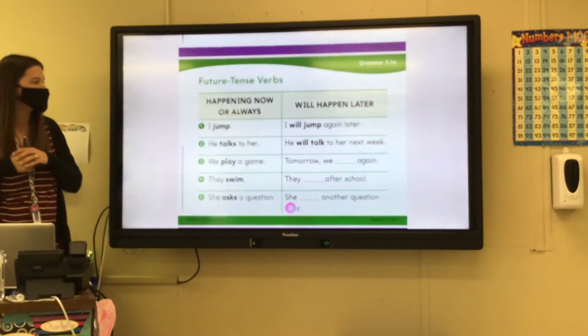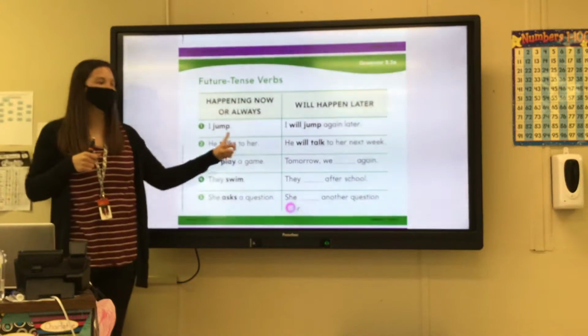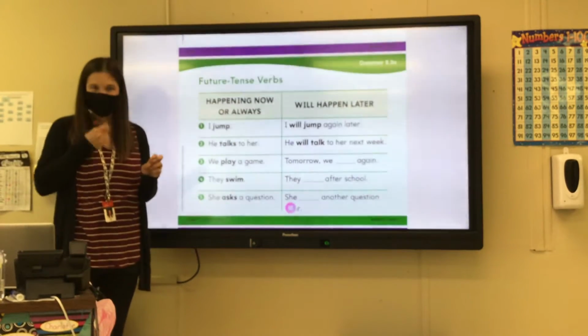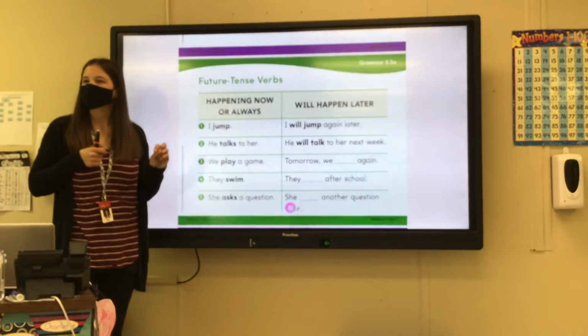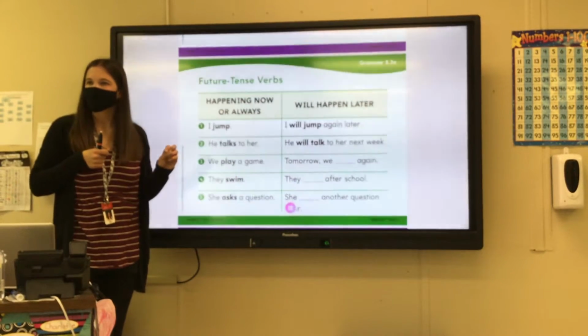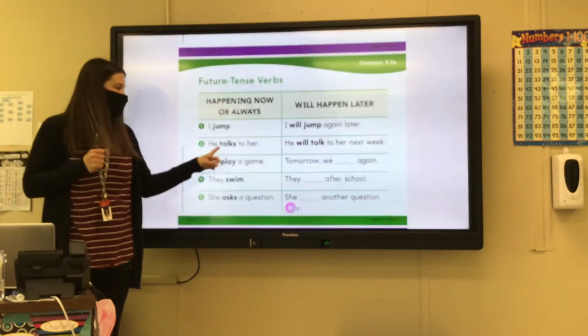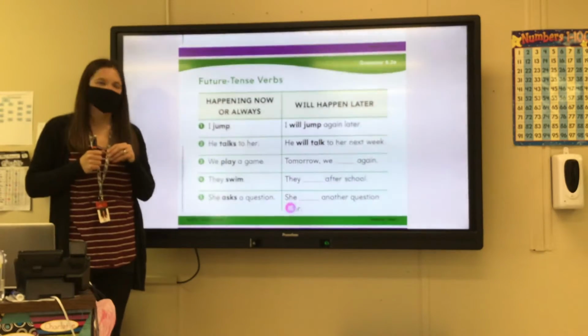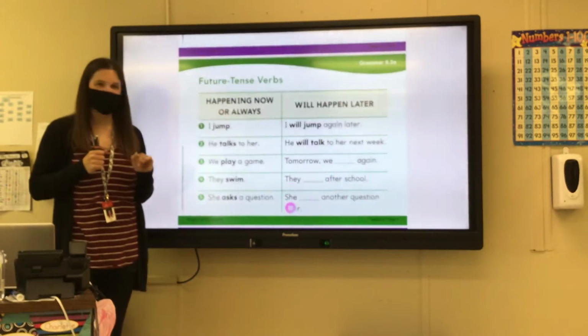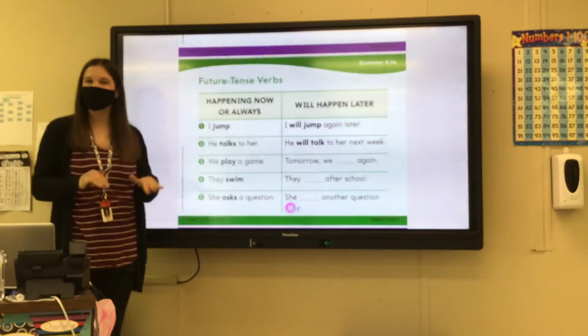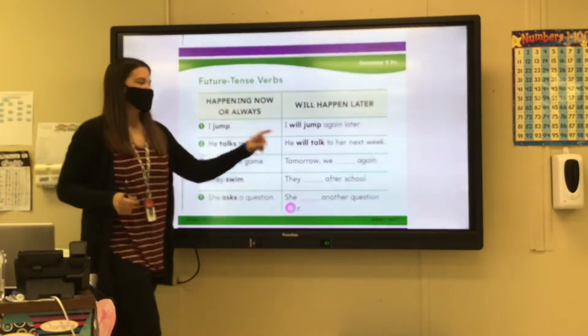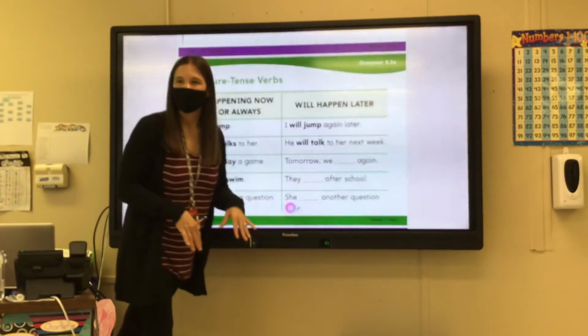Okay, so let's look at the verb in this sentence. He talks to her. What is the verb? What word is the verb in the sentence? Raise your hand if you know and you can tell me. Talks, right? Talks is the verb. It's an action. He talks to her. What if he's talking to her in the future, later on today, or next week?